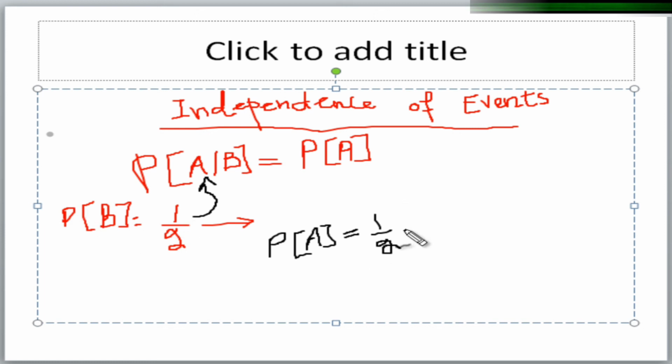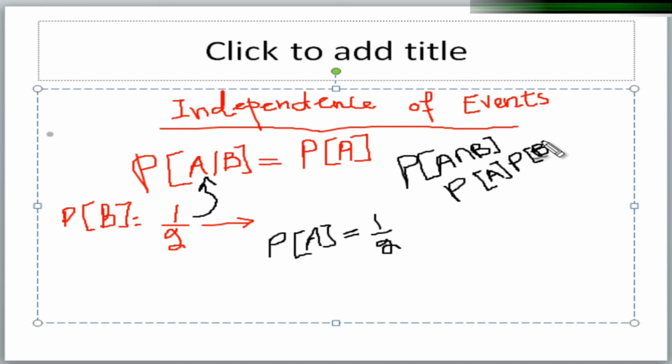So it can be seen that if two events A and B are independent, their joint probability will be equal to the probability of A multiplied by the probability of B. This is basically the formula for the independence of events.